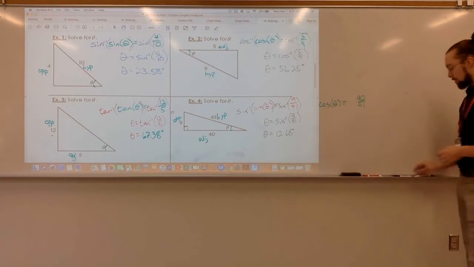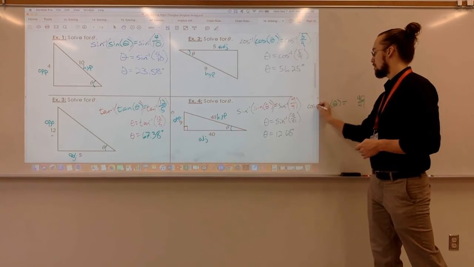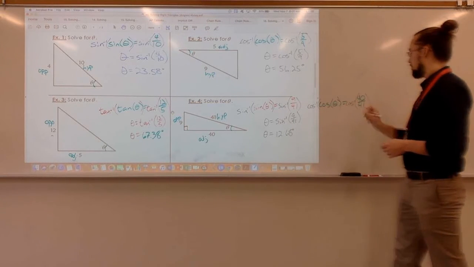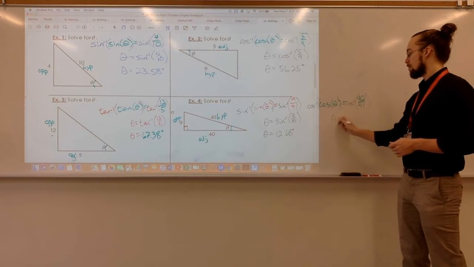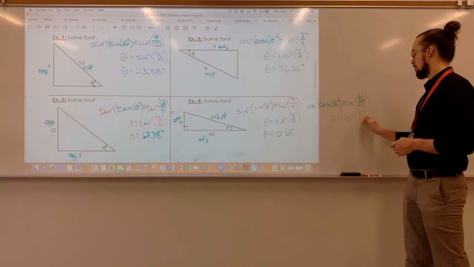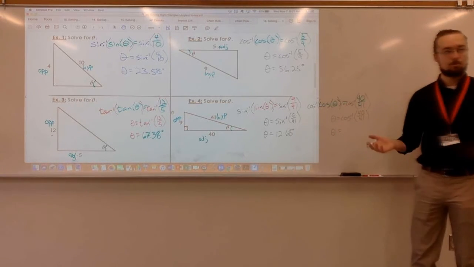So to solve, I would take the inverse cosine of both sides. So what's the inverse cosine of 40 over 41? 12.68.